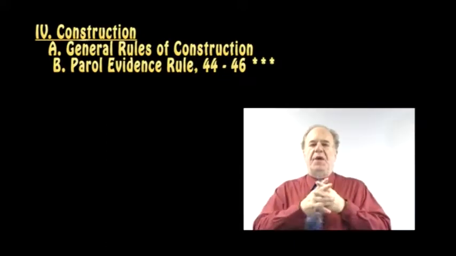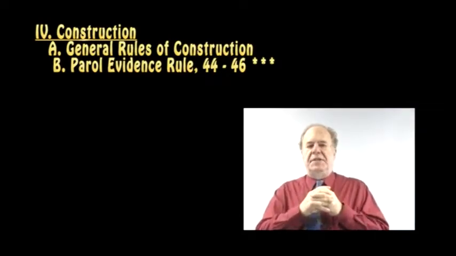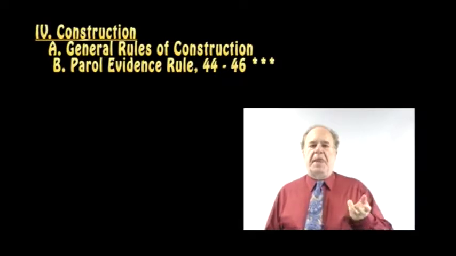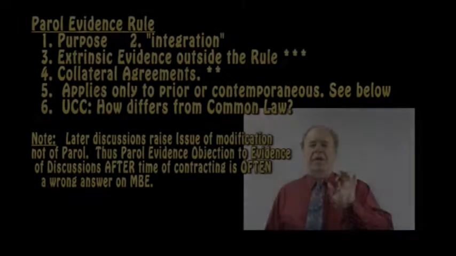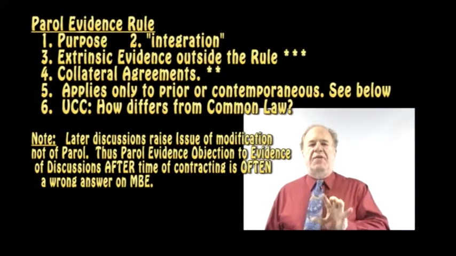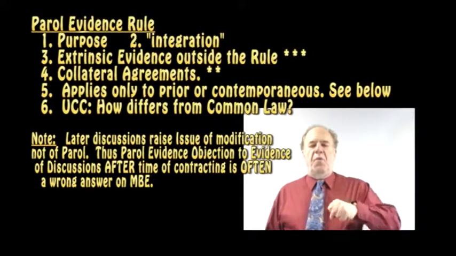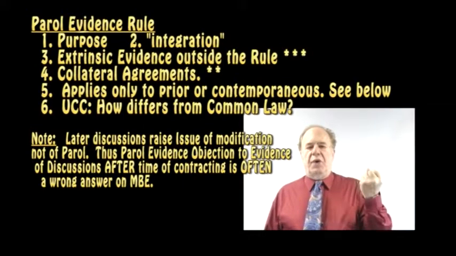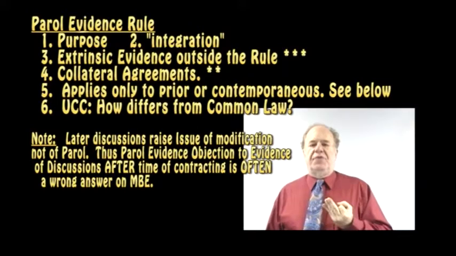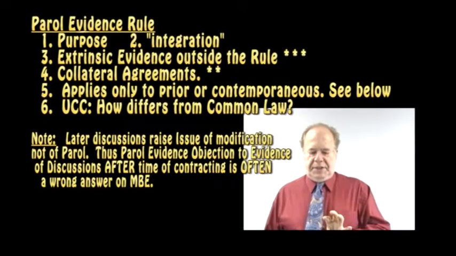If there's a dispute about what the contract means, are we allowed to look at these discussions to help us understand the meaning of the words in the contract? Parole evidence rule. Big testable subject. 2 or 3 questions every time on the MBE on whether we can bring in prior or contemporaneous evidence of discussions to help us understand the contract or to change the meaning of the contract.